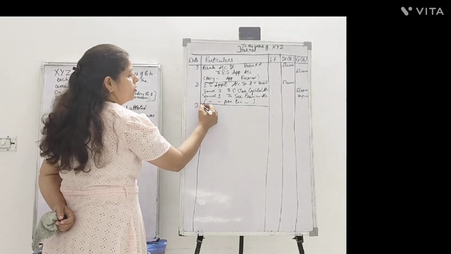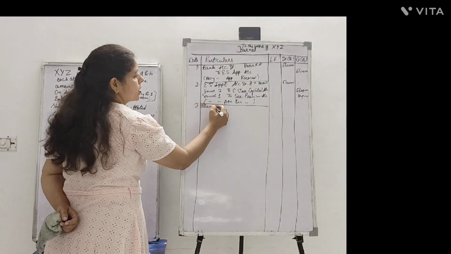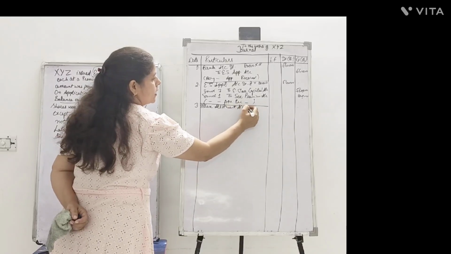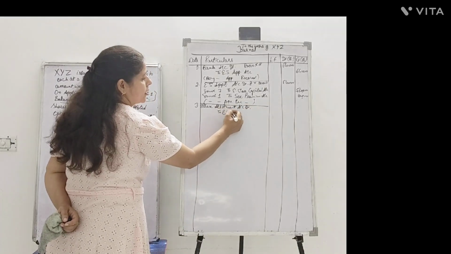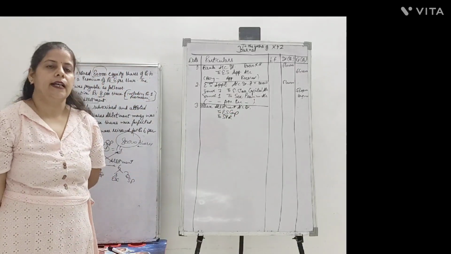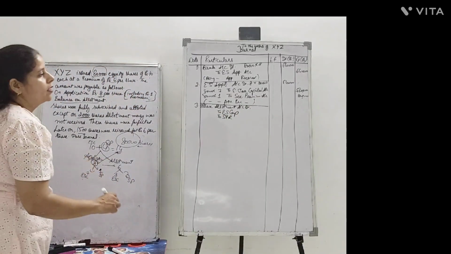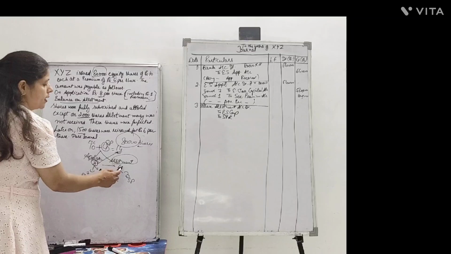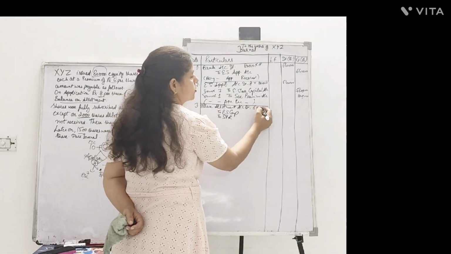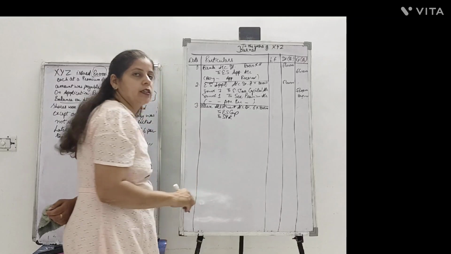Now we have to make due for equity share allotment account debit to equity share capital and to securities premium reserve, right? Because on allotment we have to make it due for 6. Equity share allotment is due for 6 on 80,000 shares.